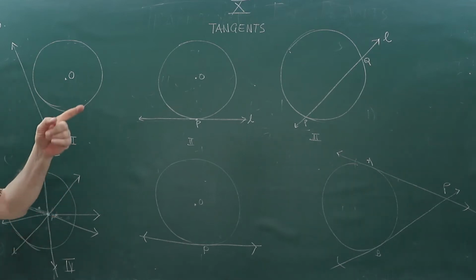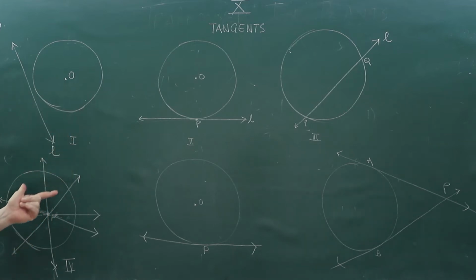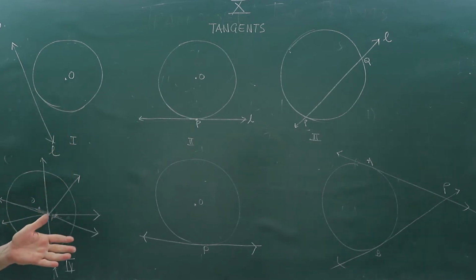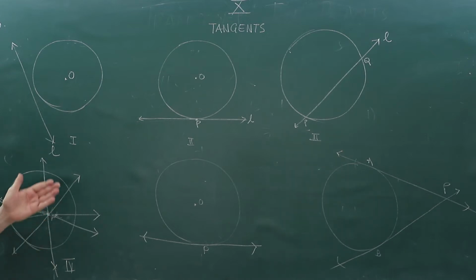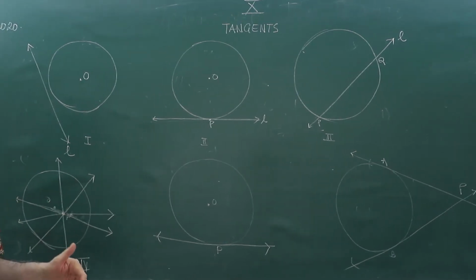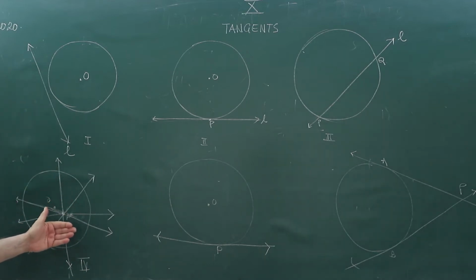So we cannot draw a tangent to a circle from a point P inside the circle.